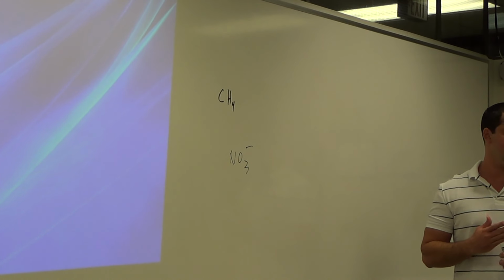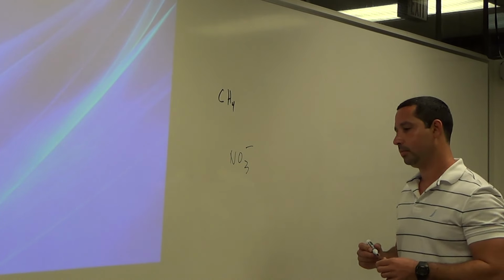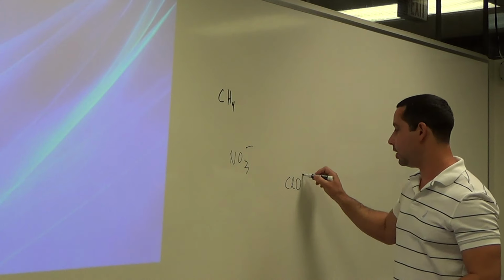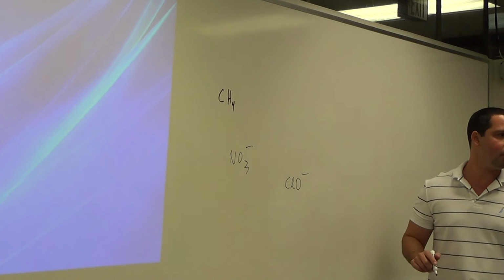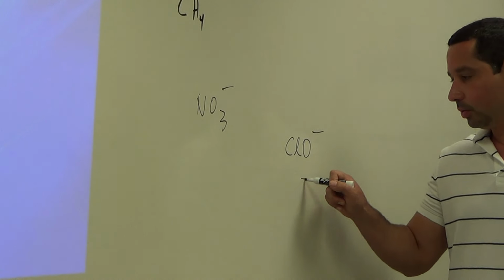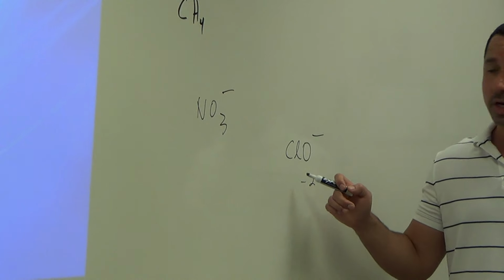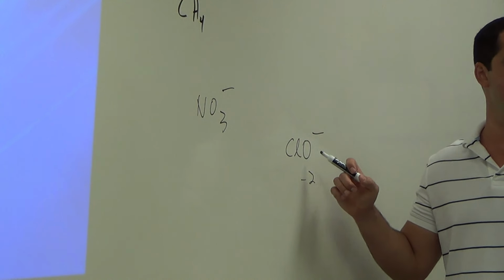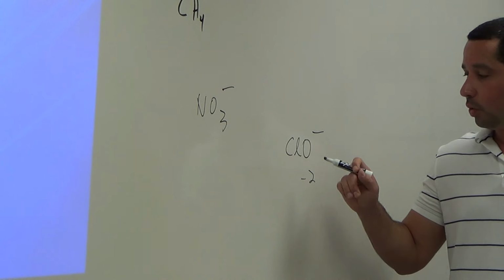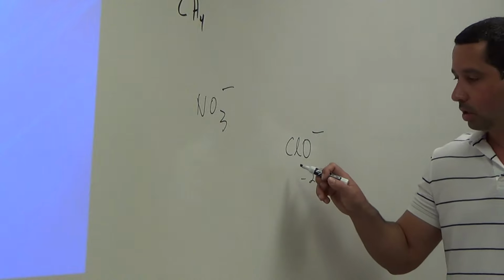But usually -1 doesn't mean it's -1 all the time, right? So let's say this. What is the oxidation number here on oxygen? -2. It's -2. Okay, but on chlorine here, it's not -1. It is not -1 because it's bonded to a more electronegative element. It has to get a positive oxidation number. It's +2, which will be, what do I have to add to -2 to get -1? +1.